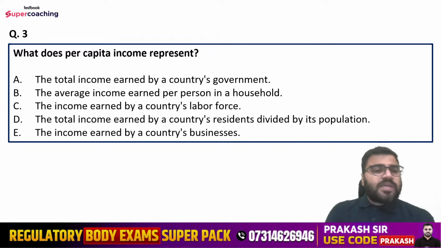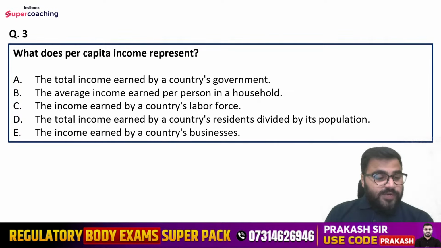Question number third. What does per capita income represent? So options are the total income earned by a country's government, the average income earned per person in a household, the income earned by a country's labor force, the total income earned by a country's residents divided by its population, and the income earned by a country's businesses.